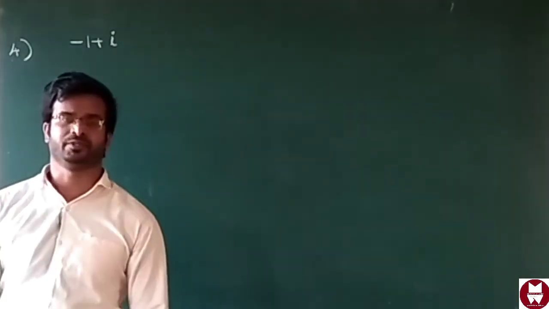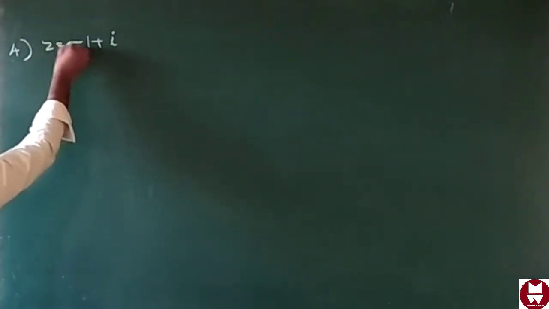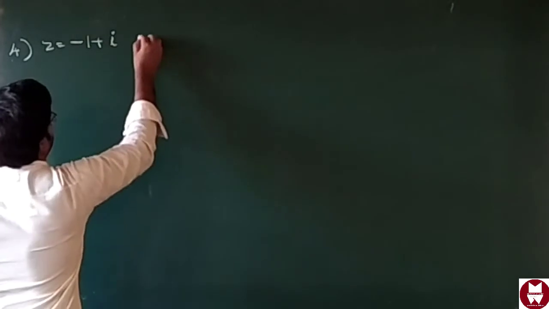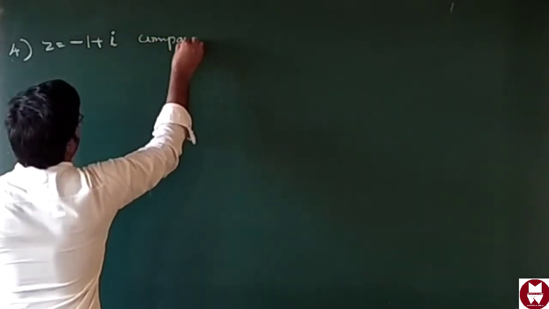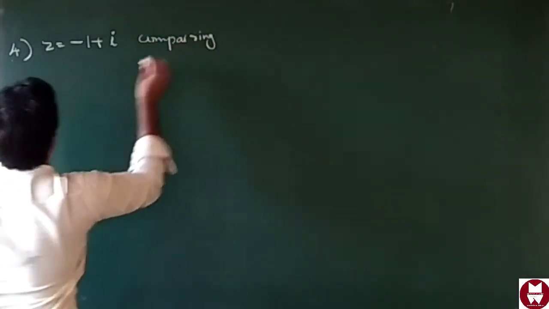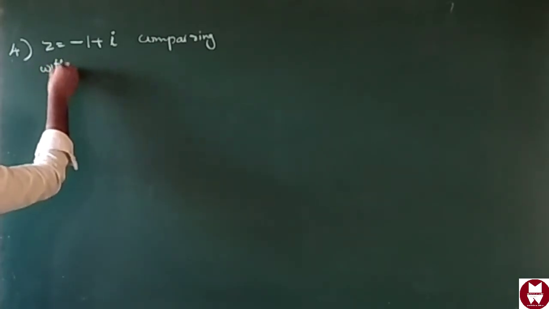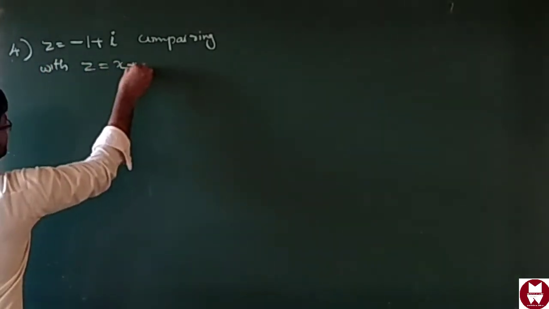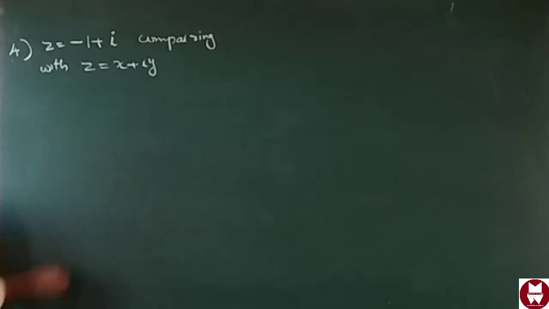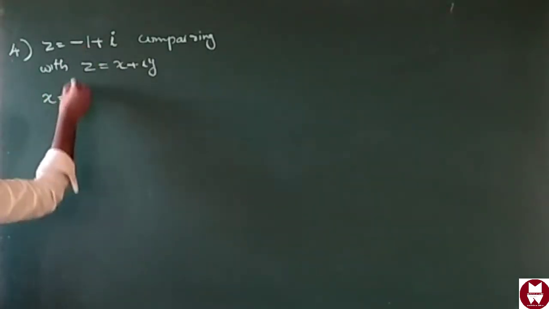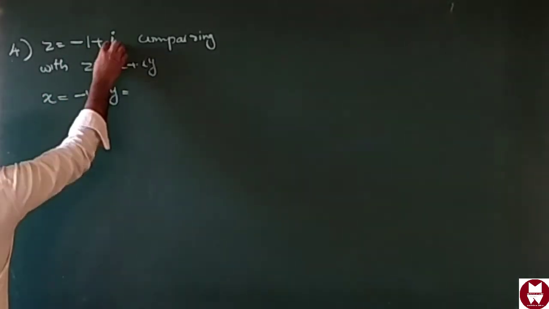Now we can see question number 4. Here also we have to write the polar form of the given complex number. First give one name, z equal to that given complex number, comparing with the general form, z equal to x plus i y. Then x we can write as minus 1, y means here 1, the imaginary part.